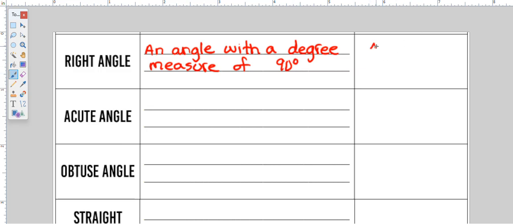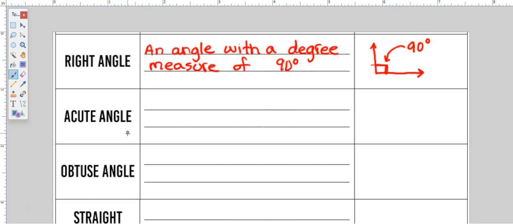So if I have a line and another line and they form a 90-degree angle, remember we're going to use this box to denote a 90-degree angle. All right. This is 90 degrees. That box tells me that's a 90-degree angle.